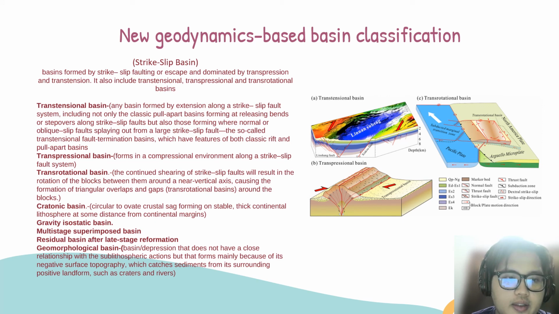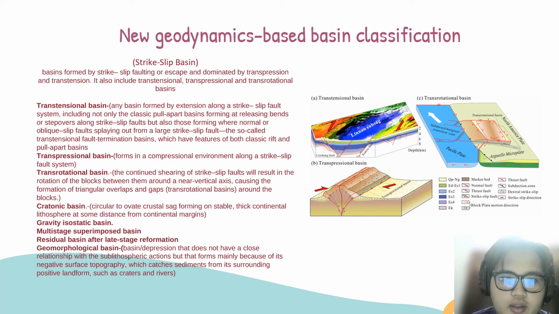And the next one is the transpressional basin. This basin is formed in a compressional environment along a strike slip fault system. The third one is the transrotational basin. This is where the continued shearing of strike slip faults results in the rotation of the block between them around a new vertical axis. And the fourth one is the cratonic basin.